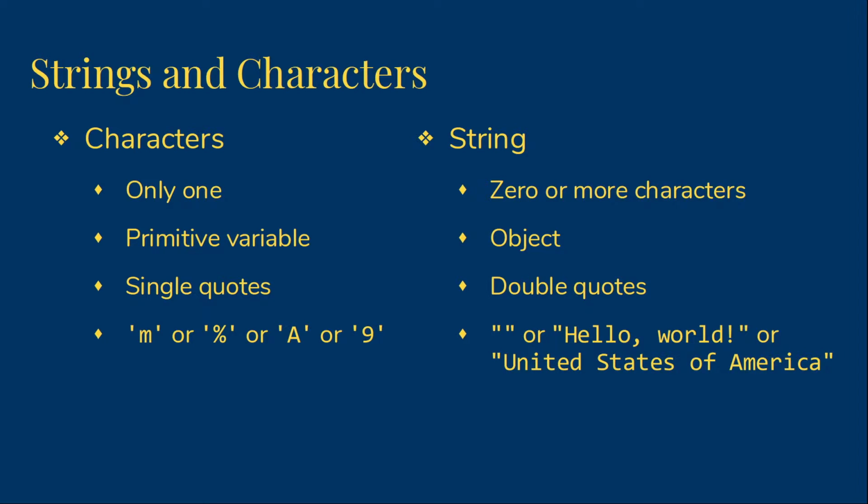We have the empty string, hello world, United States of America. We want to be very, very clear that the character A in single quotes is not the same as the string containing only the letter A, although the string does contain the character A along with some other things in that object.